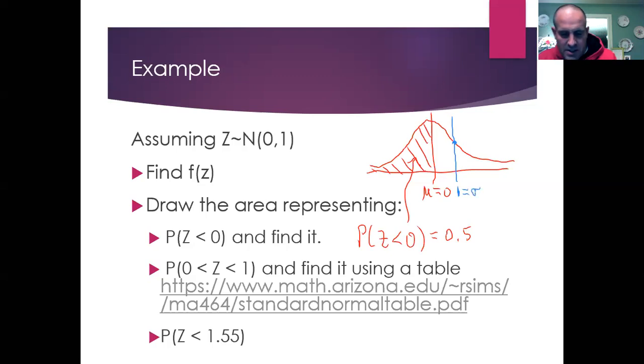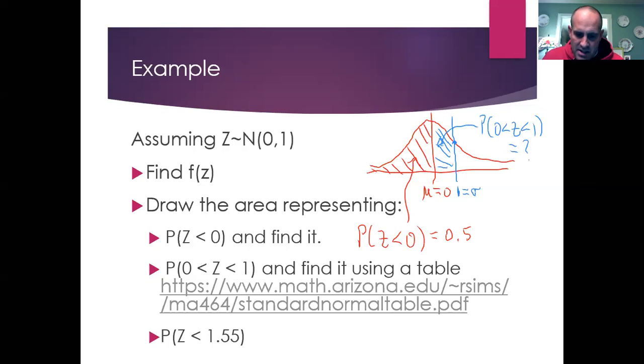So the probability that Z is between 0 and 1 is given by the area right here. That is the probability that 0 is less than Z is less than 1. But what does that equal?